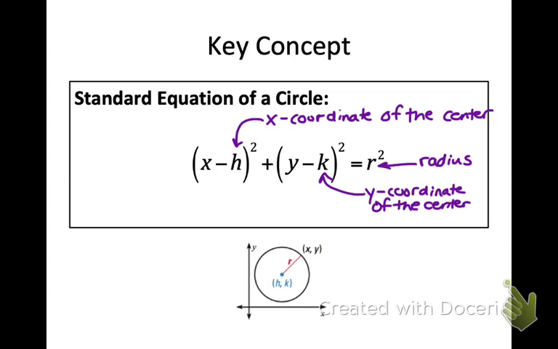So if you think about when you see equations of lines, y equals 2x plus 1, you have to have a place to put your input x and an output y. So the x stays x, a y stays a y. The standard form is subtraction. If you guys remember back to point slope form, y minus y sub 1 equals m times x minus x sub 1, it starts out as a minus.